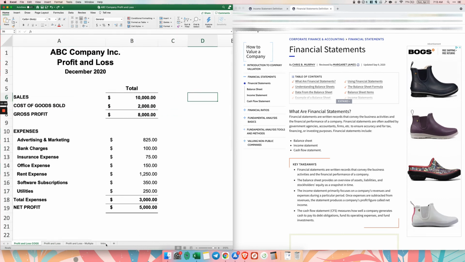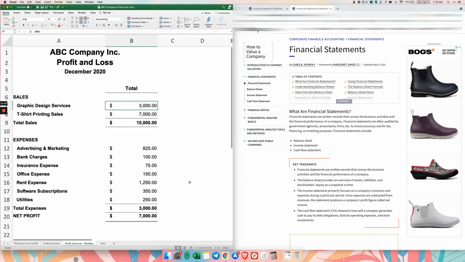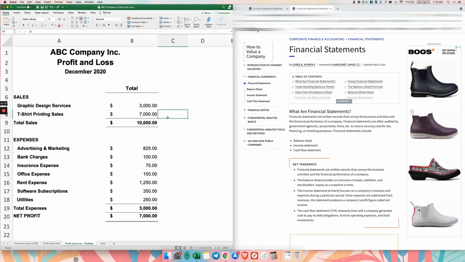Now, with profitability, this is another reason why an income statement is important, because you see different streams of income. The more detailed your income statement is, the more data you can get from it and analyze it better.